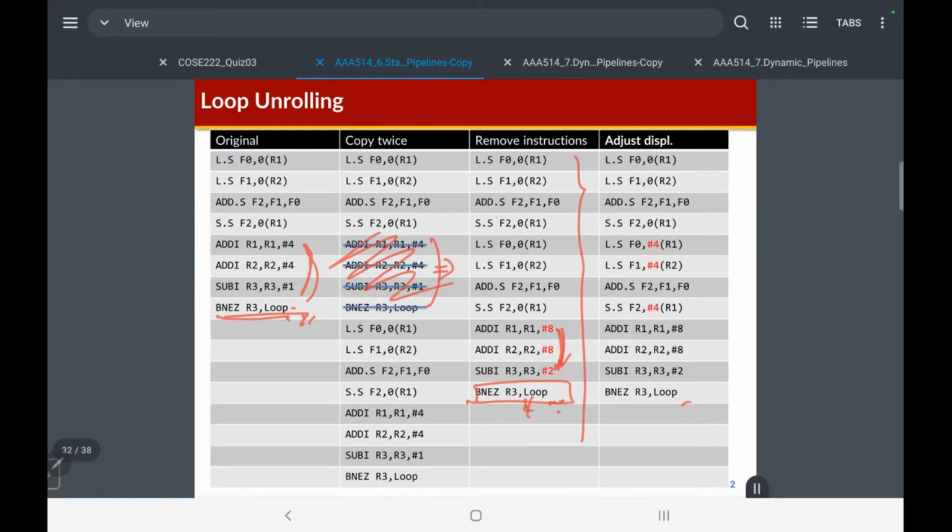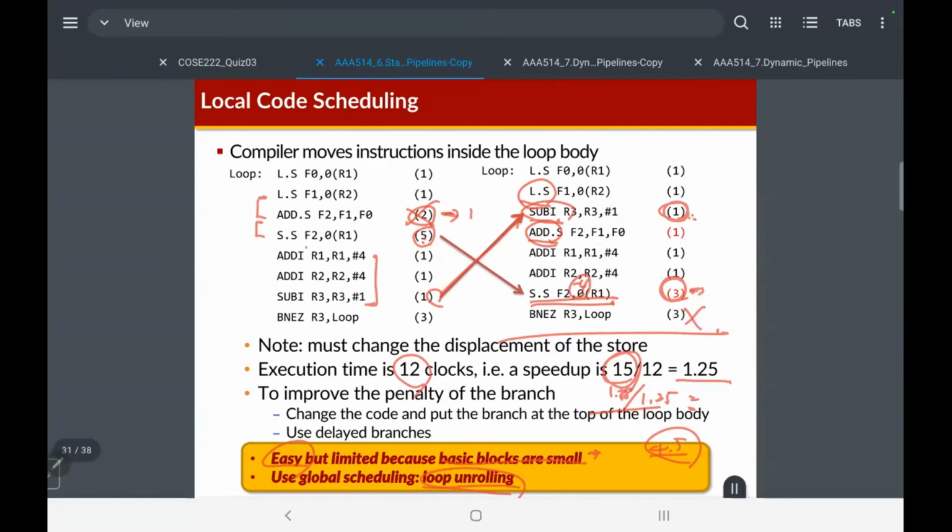If there are very few instructions, it's very hard to find appropriate instructions in the basic block, so we need to increase the number of instructions inside of the basic block.